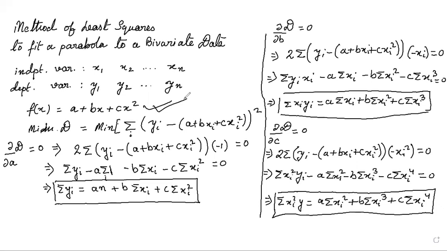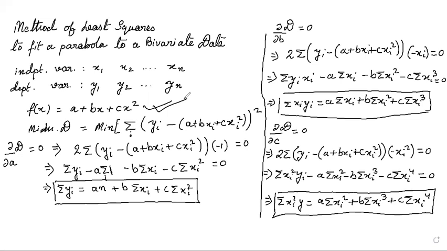So that's all. Now, if you are aware of the method of least squares, for whatever curve you require to fit over bivariate data, you can derive the normal equations corresponding to that curve.